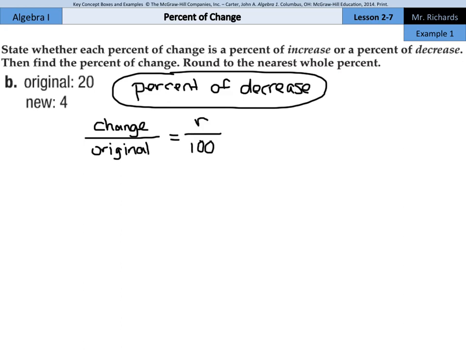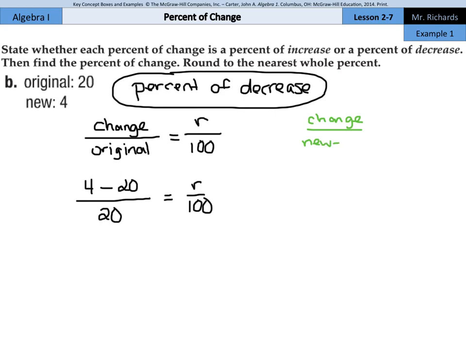Now our change, our new was 4 minus the original of 20, over the original of 20. And that's going to equal R over 100. So when you're looking for the change, the change is going to be new minus original.